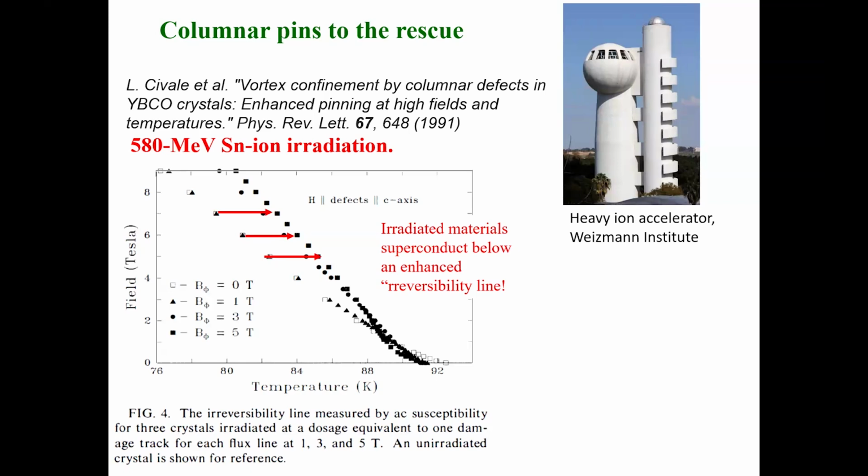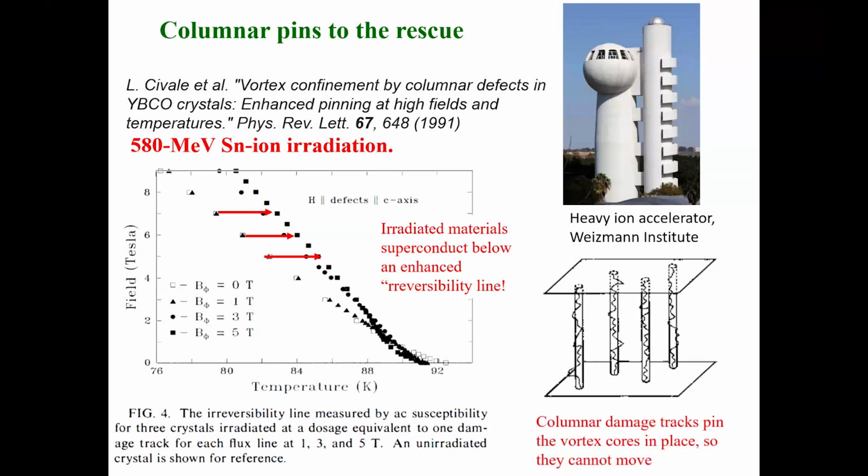Not nearly as strong, however, as these columnar defects. And then when you put in the columnar defects, in a strong magnetic field, the effective superconducting transition temperature jumps up by 30%, or 20%, whatever it is. It really means something when you're trying to make these applications.